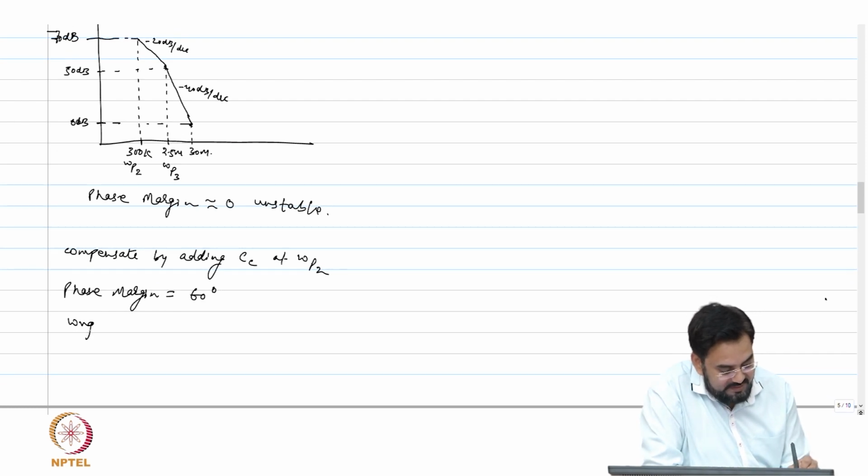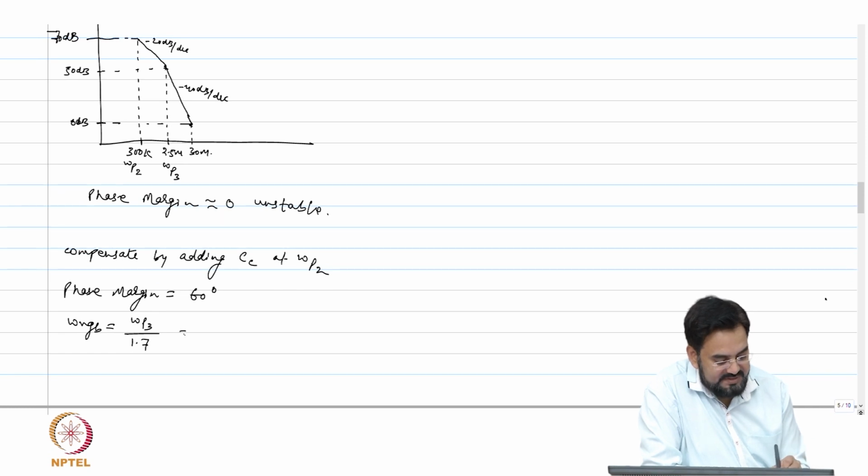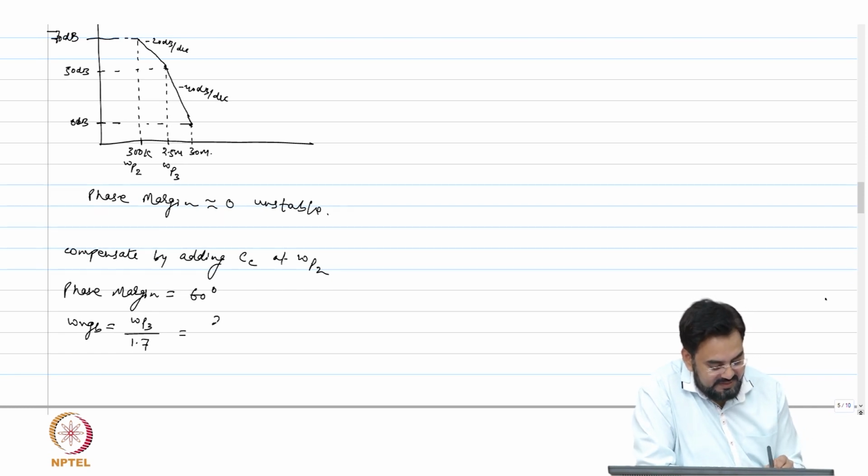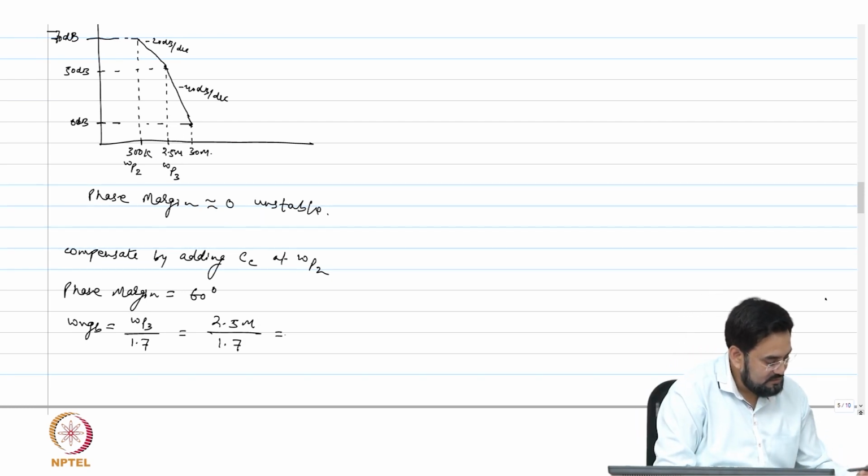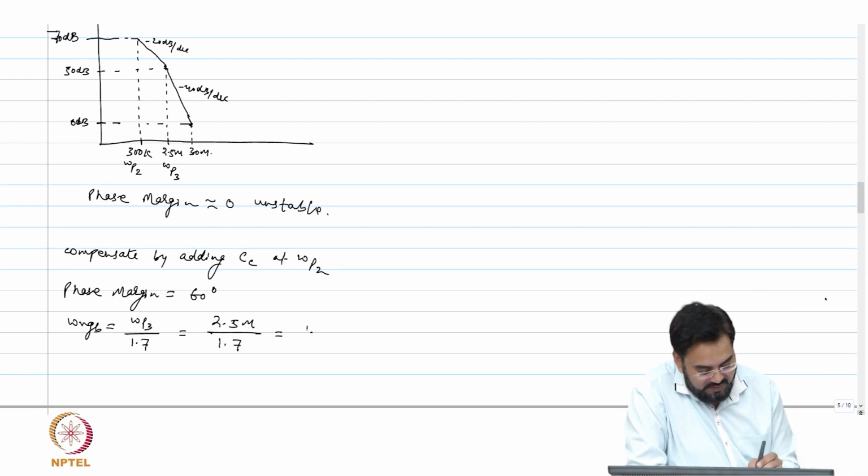Omega UGB should be how much? Omega P3 divided by 1.7. Omega P3 is known, 2.5 mega over 1.7. How much is this? So 1.443 mega radian.